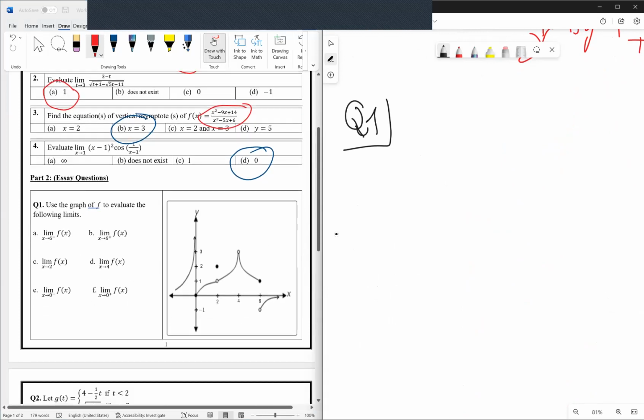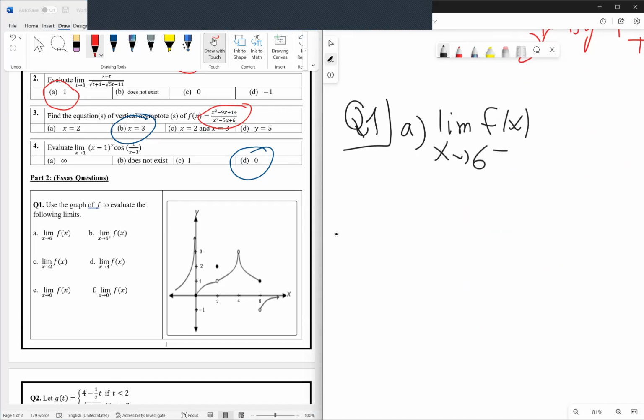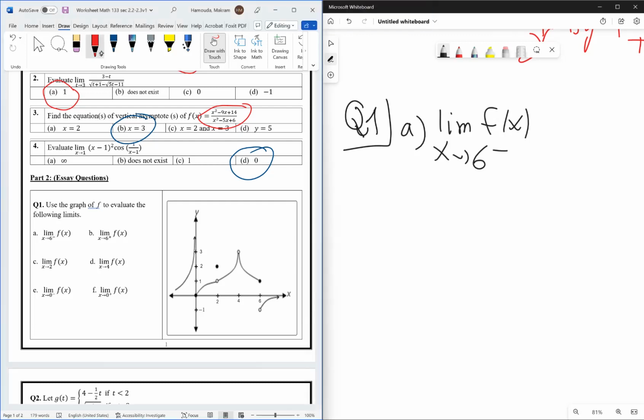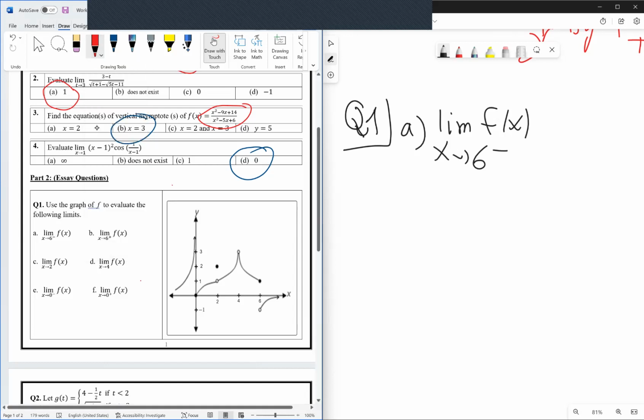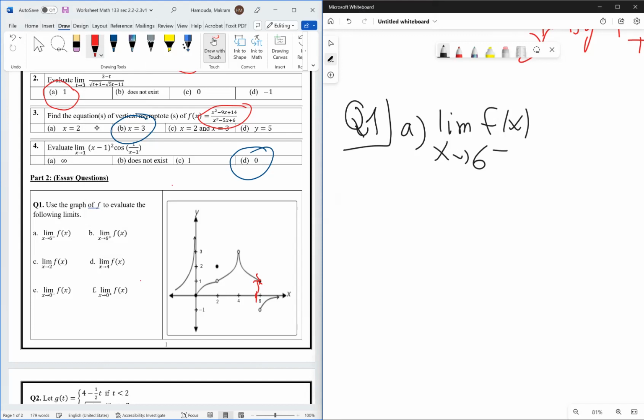We want for A, limit f of x when x approaches 6 minus. That means I am to the left of 6. So here is 6, so I am to the left here. That means I am approaching this point, which is 1. So the limit is equal to 1.